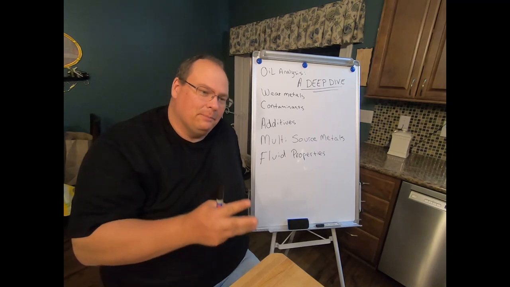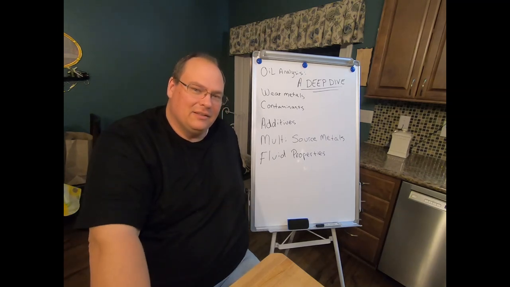And then on the third one, we have an oil sample of a truck that has some issues. And we're going to go through a little bit on how to interpret that and pinpoint issues. If you learn this information, you're going to be well armed and be your own best advocate when it comes time to put your truck in the shop. So stay tuned, and hopefully you're really going to learn some stuff here.